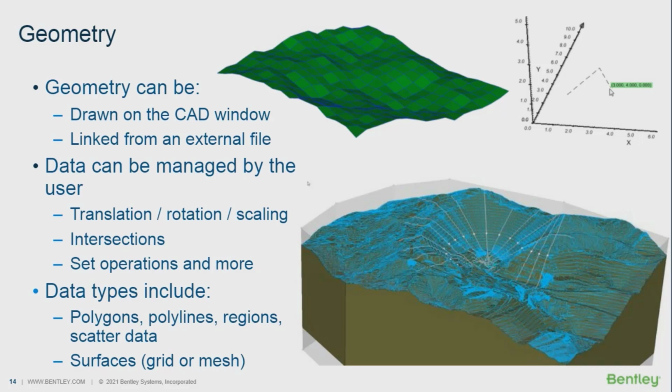So you can convert and merge to represent the information as a grid or as a mesh. For example, I can proceed from a polygon and convert it to a mesh. I can import scatter data and convert it to a mesh. I can use the polylines from a DXF file and also convert to a mesh or a grid, and use some of the interpolation methods available in the software.